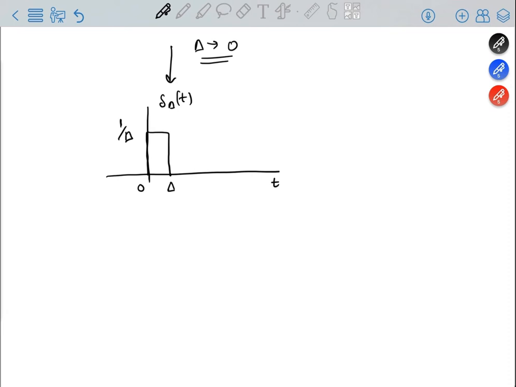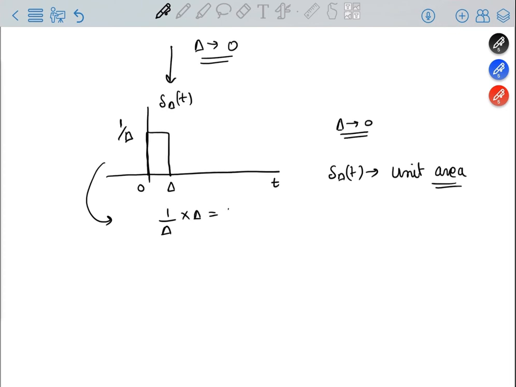Here again delta is tending to 0. If we compute the area of this, it will be 1 upon delta into delta, which is equal to 1. So it has a finite area of 1, but the duration is very short. It takes a value of 1 upon delta in a very short duration.